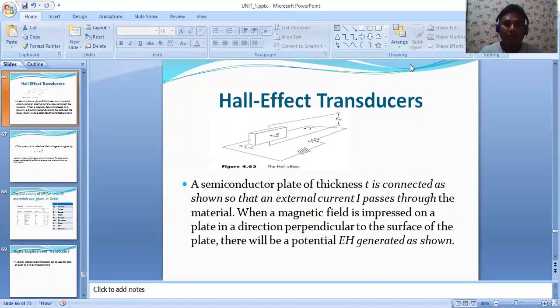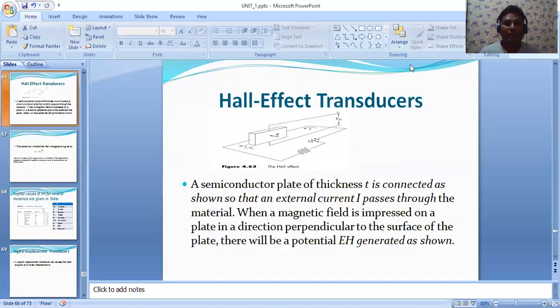When a magnetic field is impressed on the plate in a direction perpendicular to the surface of the plate, the current passes through the thickness from the input to output, or from one energy form to another energy form.